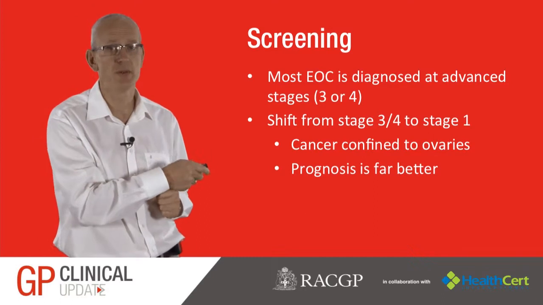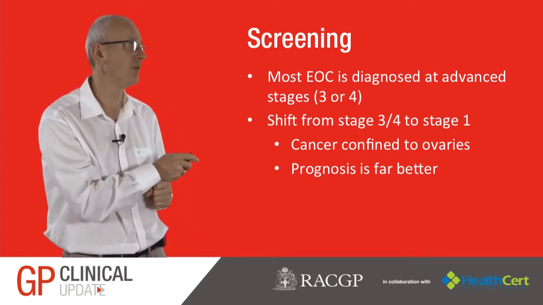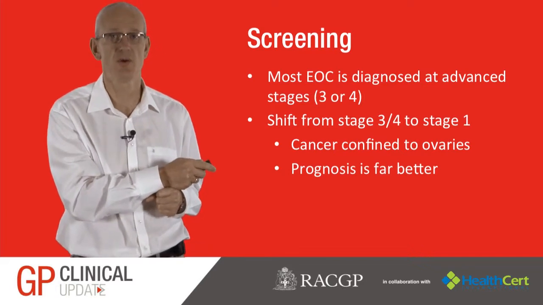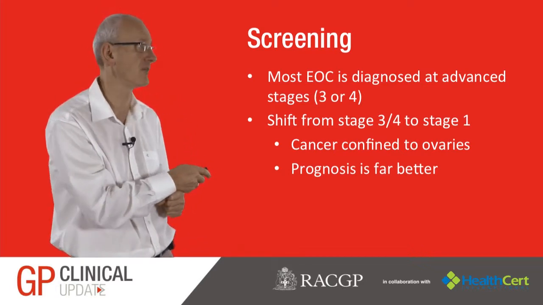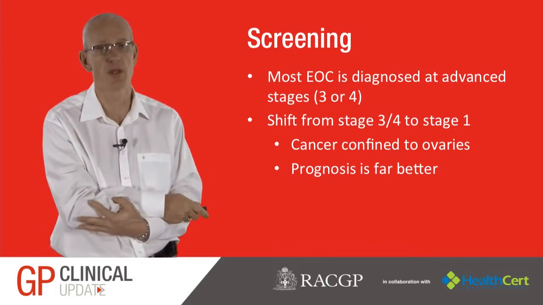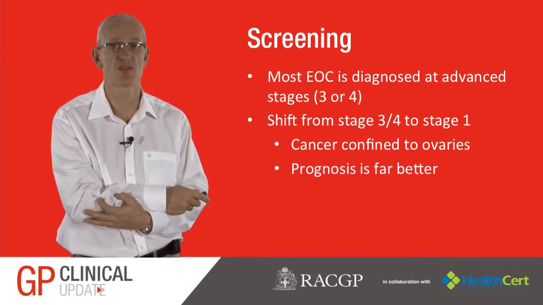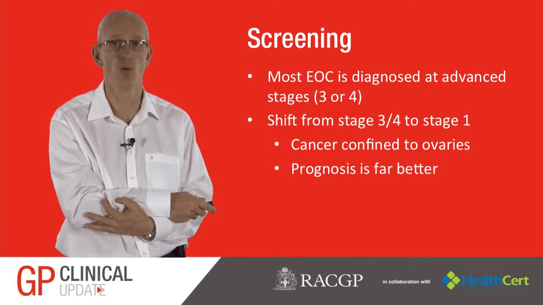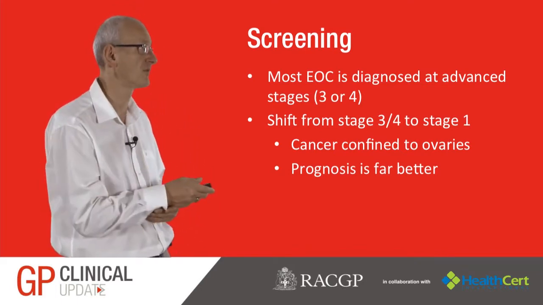A word on screening, because this is something that you certainly will be exposed to. Women will come and see you and request screening for ovarian cancer. Now, we said before that most epithelial ovarian cancers are diagnosed at advanced stage disease, stage 3 or 4, because of the lack of symptoms.